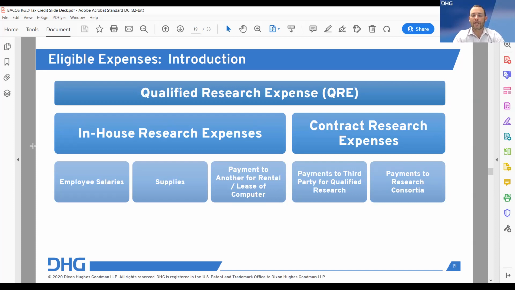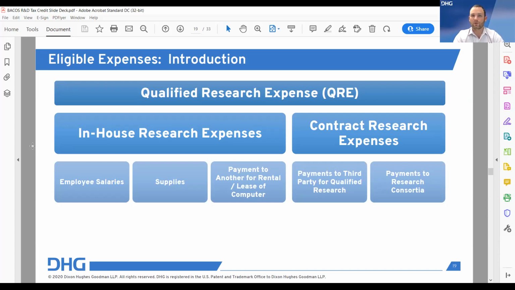Then for the contract research expenses, that's effectively the same types of activities, but they're paid to a non-employee. So if you're paying an outside engineering firm to do qualified research, that would qualify. If you're paying a third-party lab testing agency to help put together testing results and see, does our new product work? Is it going to pass certain requirements and testing?